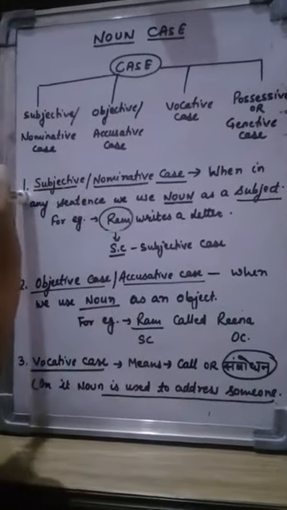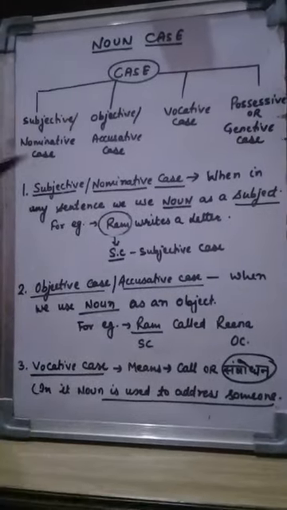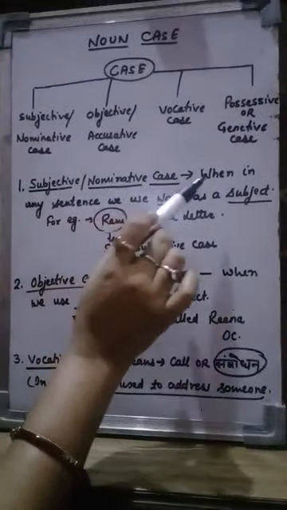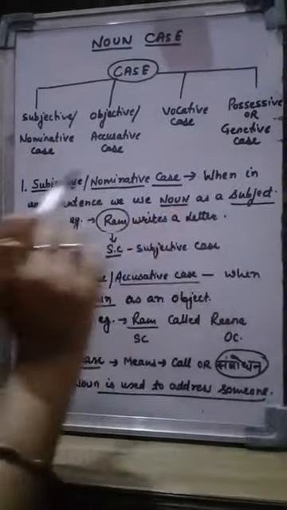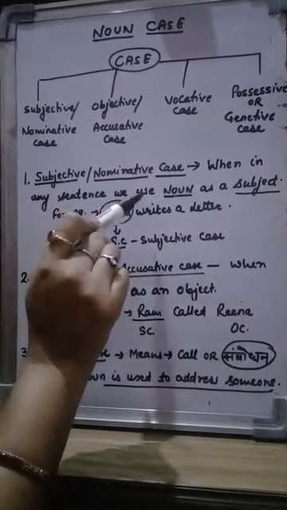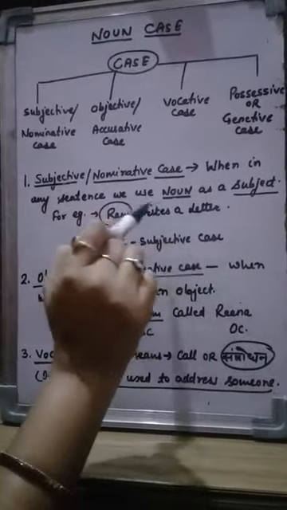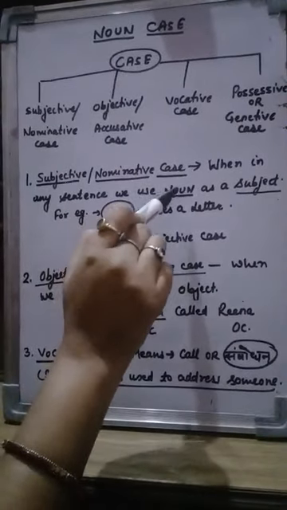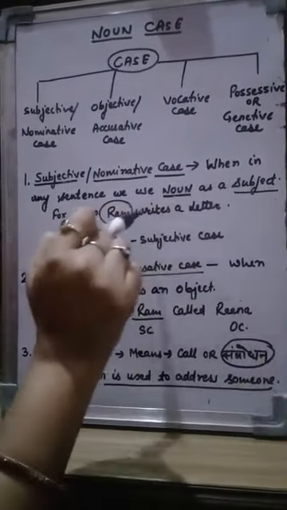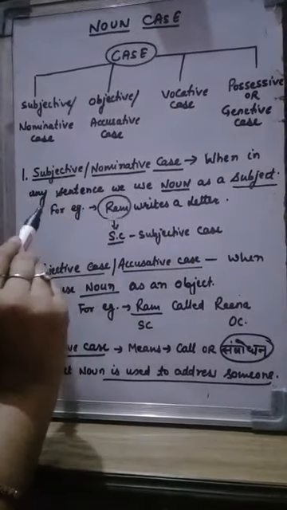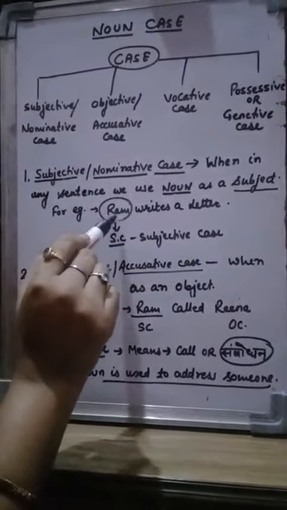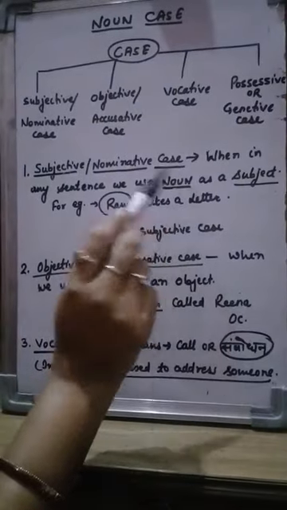First of all, we have the subjective or nominative case. When in any sentence we use a noun as a subject, subject means the doer in the sentence. As an example, Ram writes a letter.